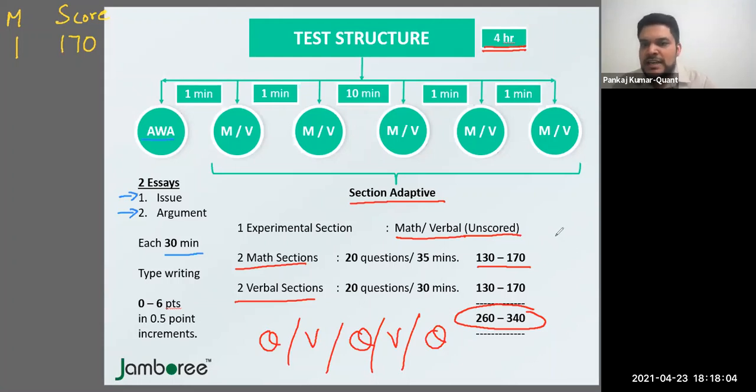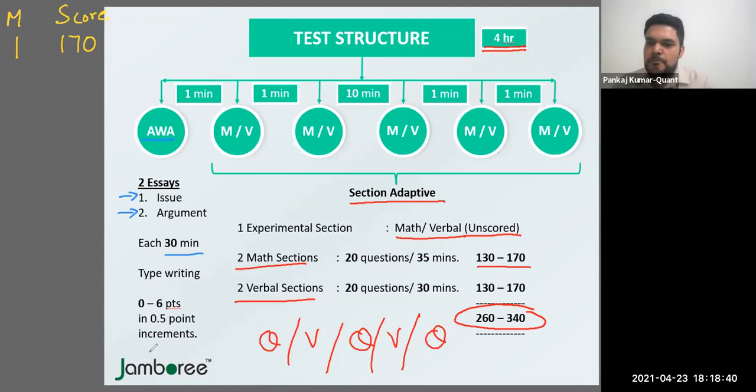Or for any question related to admission, you can write in the chat, or you can give your number so we can get back to you directly. Yes, we have limited time: 35 minutes for each quant section and 30 minutes for each verbal section.